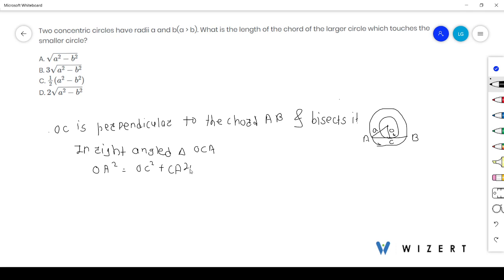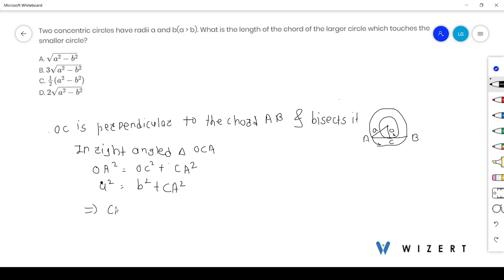So here OA square means A square. So A square equals OC square, which is B square, plus CA square.